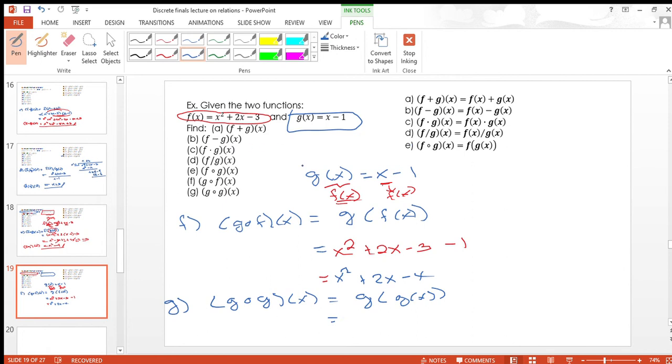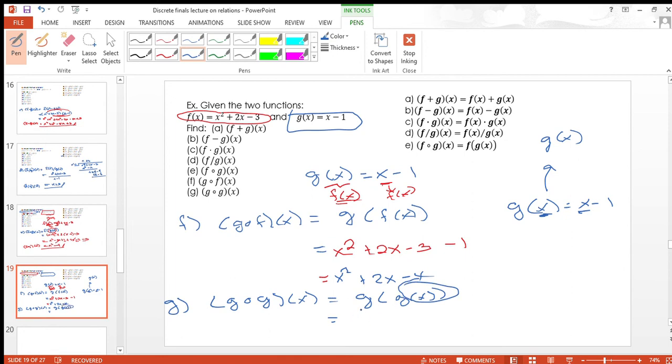So g of x, going back to this one, g of x is x minus 1. So if we now replace x by g of x, we now replace each x by x minus 1. Kasi yung g of x, di ba? Yung g of x is x minus 1.